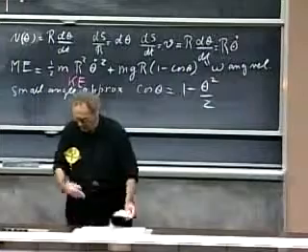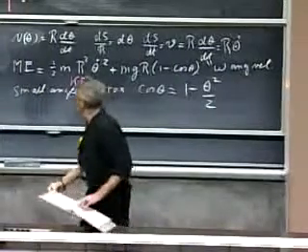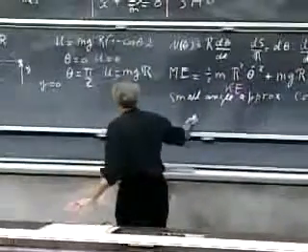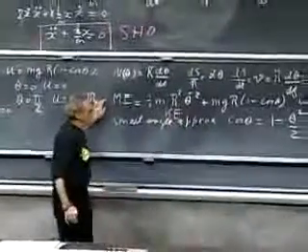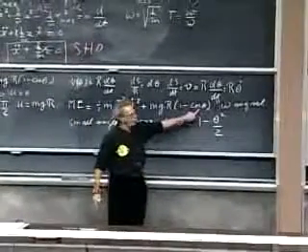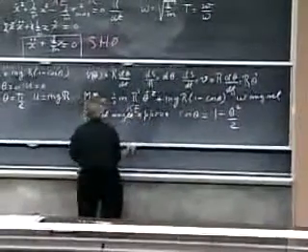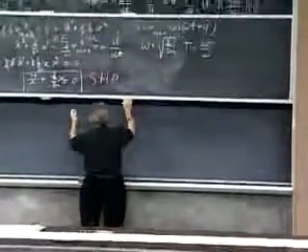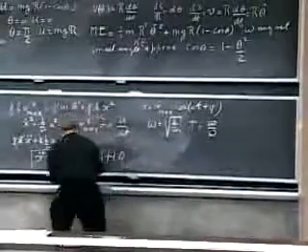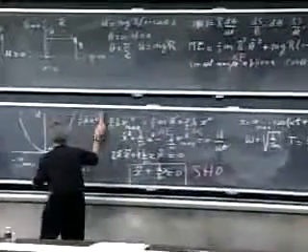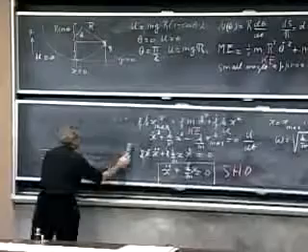So with this in mind, I feel comfortable to pursue my conservation of mechanical energy, and I'm going to replace this cosine theta by 1 minus theta squared divided by 2. So I will continue here. Center blackboard is always nice.